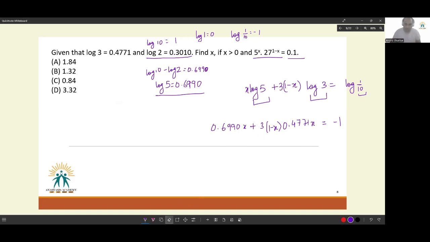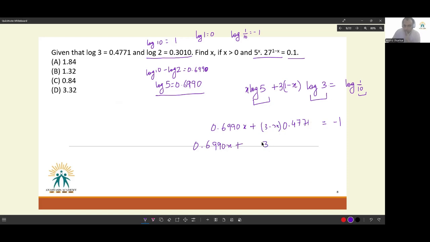So I will have to first break down this 3 minus 3x. 3 minus 3x and 3 into this 0.6990x plus 3 into 4771.